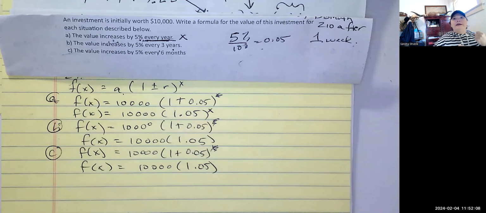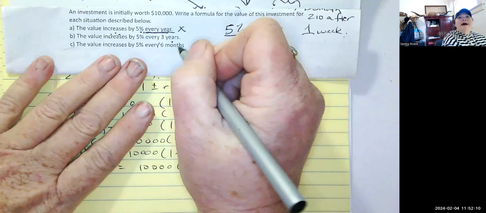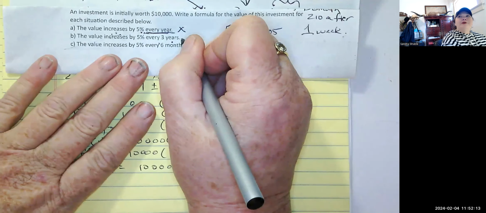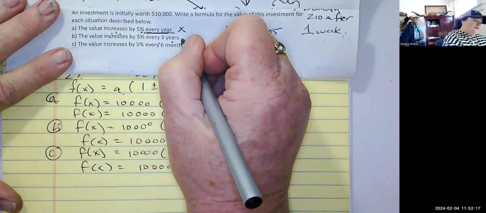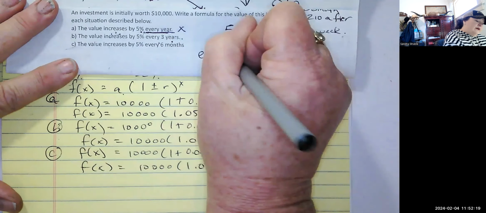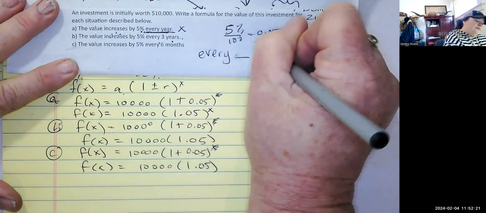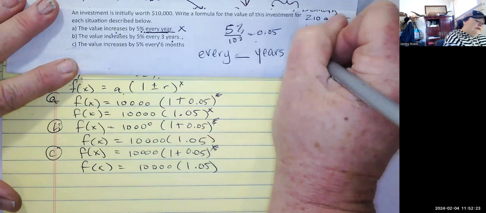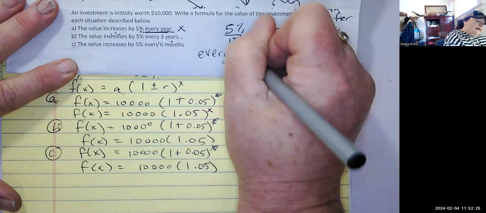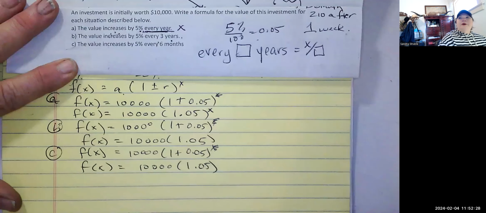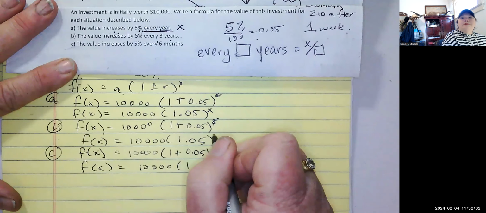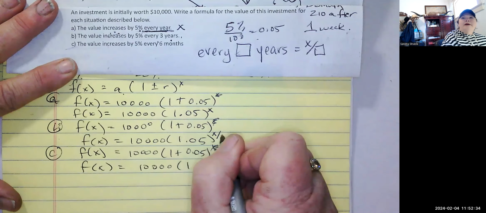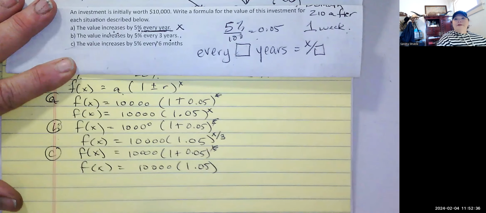So if it's 3 years, that means I need to take my x and divide it by 3 to get this down to what's happening on a 1 year basis. So if it says every blank years, you're going to go x divided by whatever that blank is. Okay, for your exponent. This is only in your exponent. So it's going to be x divided by 3 in your exponent.